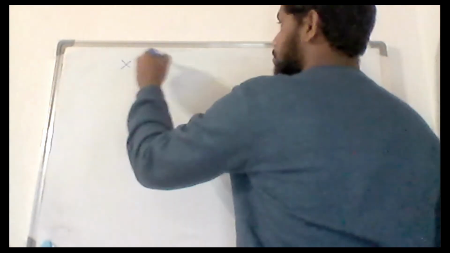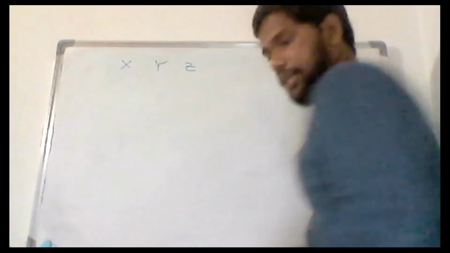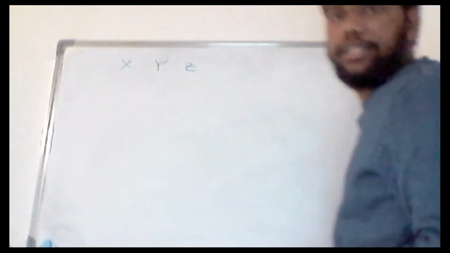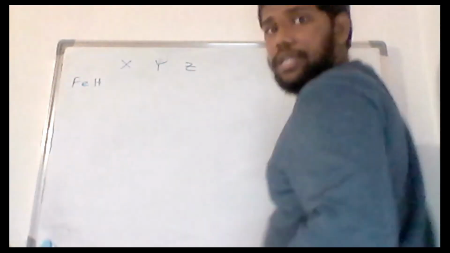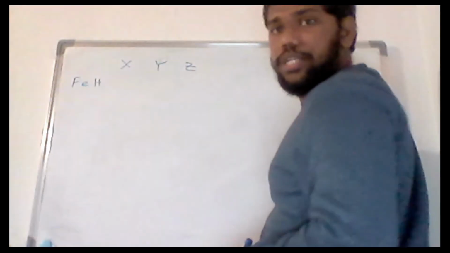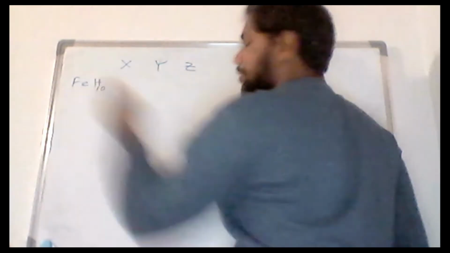Right, so we have, let's say, X, Y, and Z, and I will just check the question. In X we have Fe, H10, C, N, O5, and S. Don't forget this is given in the coordination sphere, right?